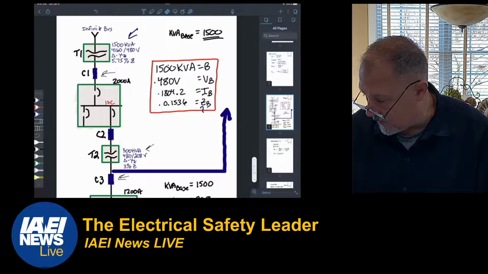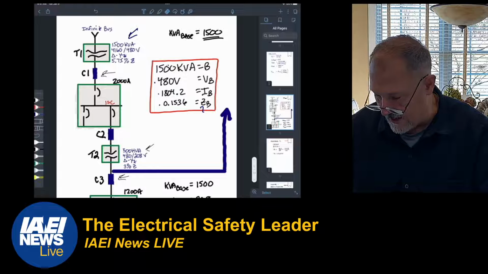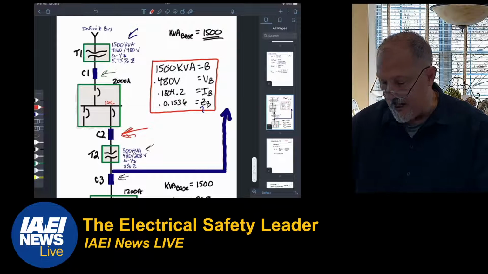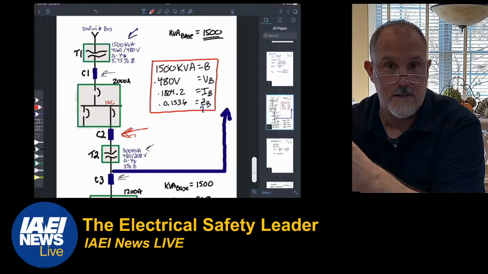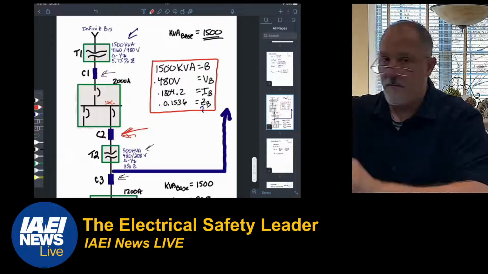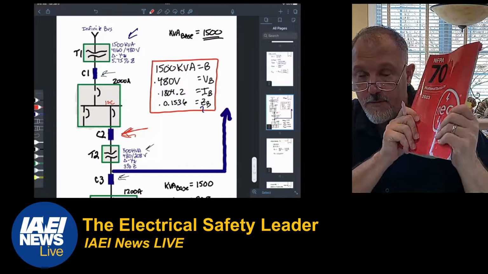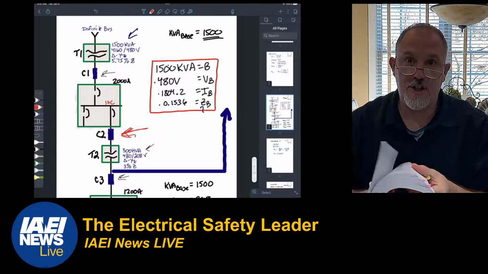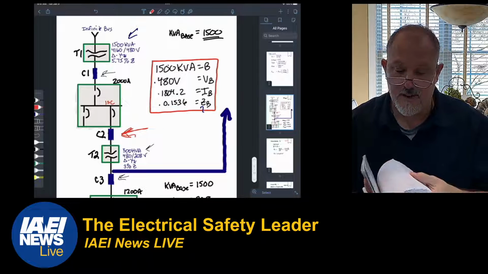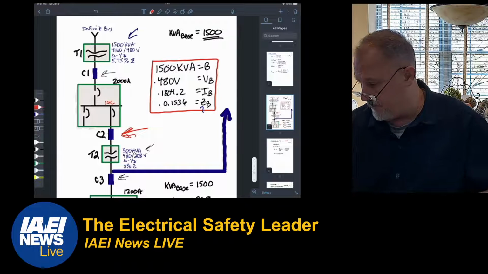Right? And that's important. Why is that important? Because when I look at conductor number 1 or conductor number 2, I need to take the resistance R and reactance X, which I'll get from the 2023 code book, Chapter 9, Table 9, which gives me my real and my reactive components.